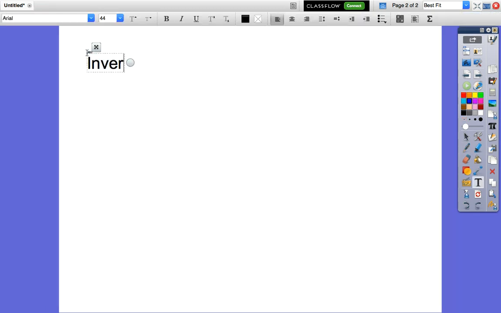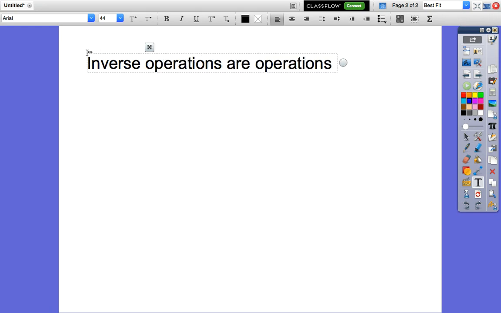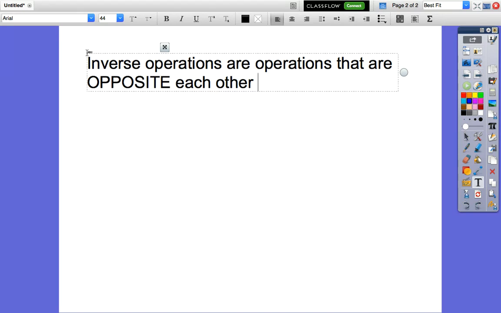So it says that inverse operations are operations that are opposite each other. So inverse operations are the ones that are opposite of each other.